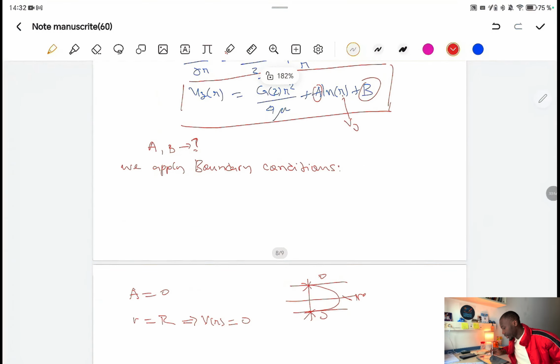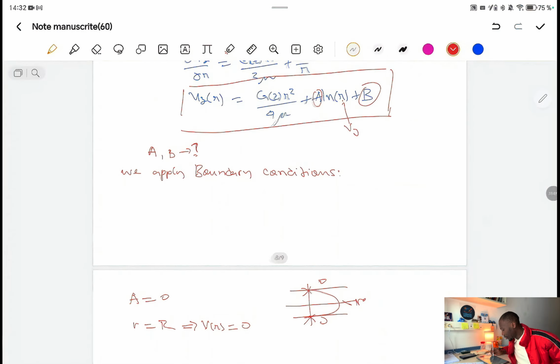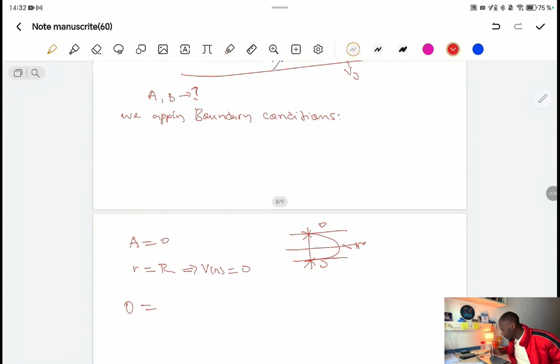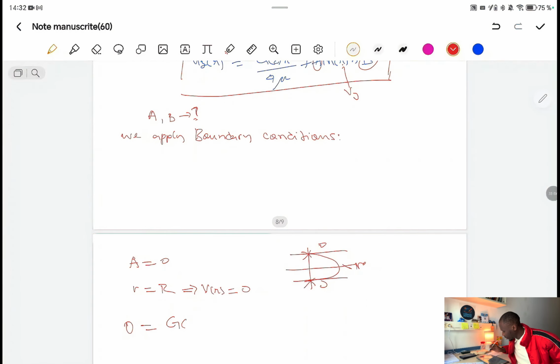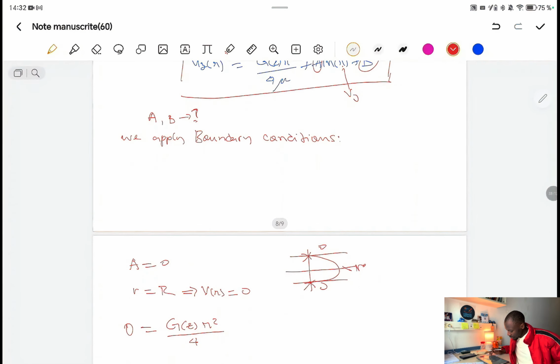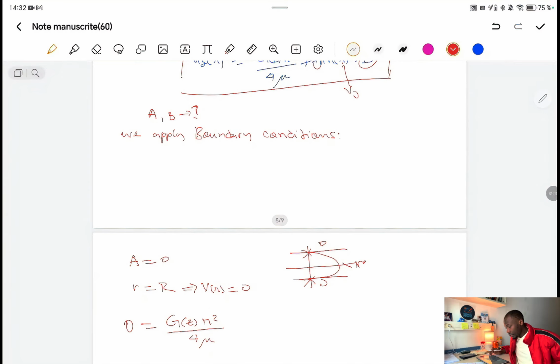If you assume that, which is true through the boundary conditions, then I will have 0 equal to gz R square over 4 mu plus 0 plus B, and then my B is equal to minus gz R square over 4 mu.